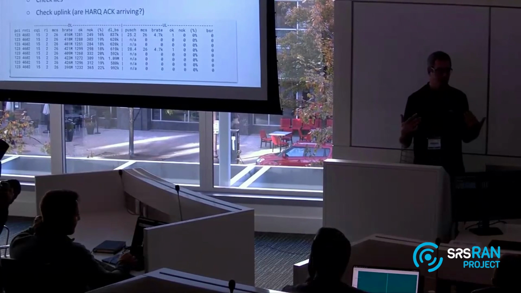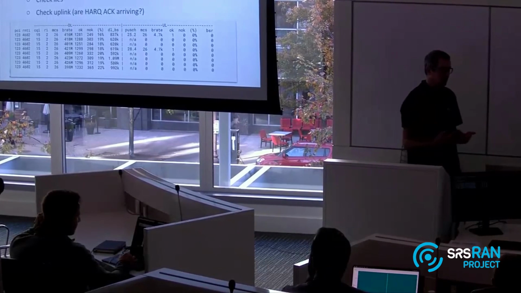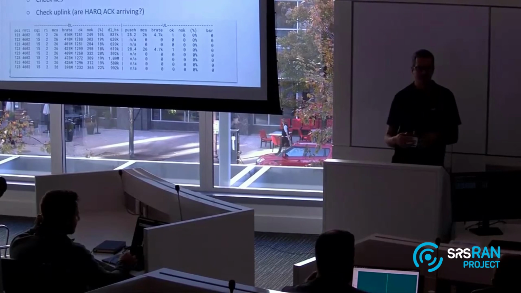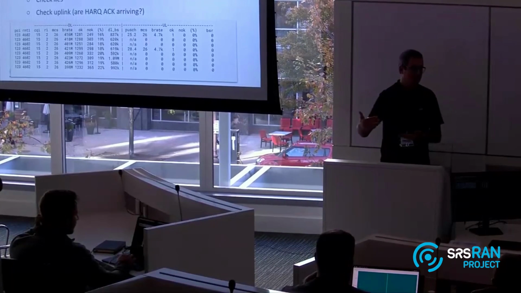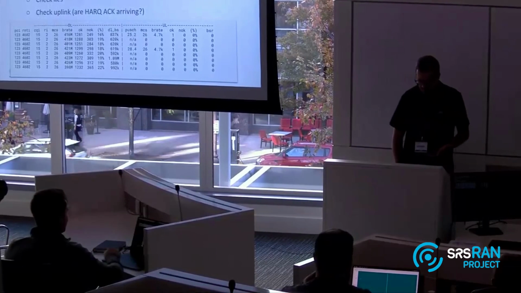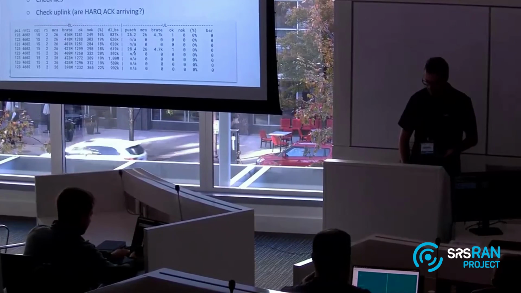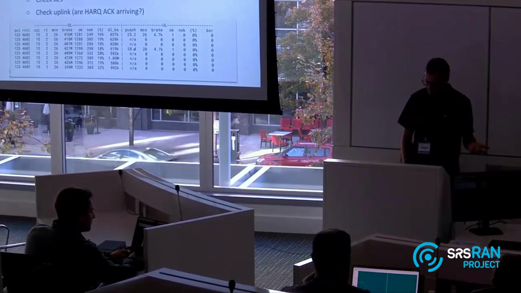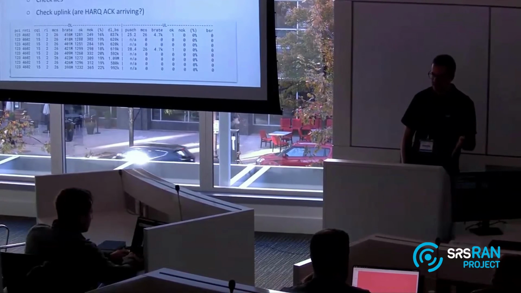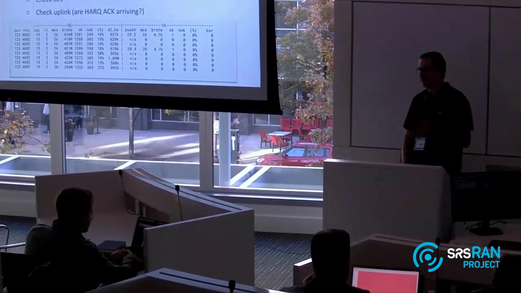So the UE could be decoding everything correctly and saying, yes, I'm receiving everything correctly. But if we don't see these positive acknowledgements, we will retransmit. Here, the uplink signal is not bad. So what can happen here, the most likely problem, is real-time faults.